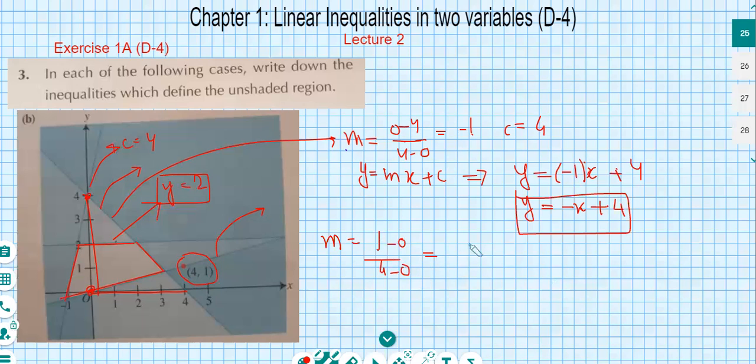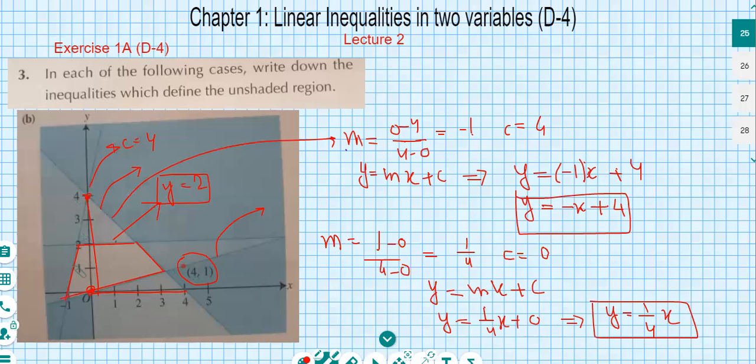So it will become 1 by 4. Whereas the y-intercept is 0 as it passes through the origin. So the equation will become y is equal to mx plus c, which is the general line equation. So m is 1 over 4 and c is 0, so we get y equals 1 over 4 x. So this is the equation of the third line.